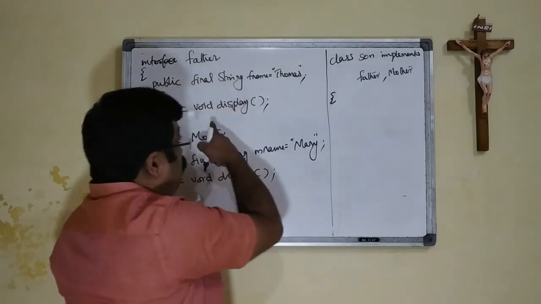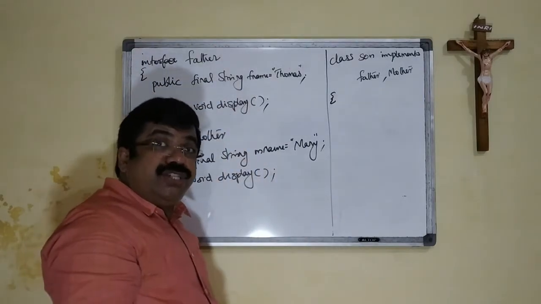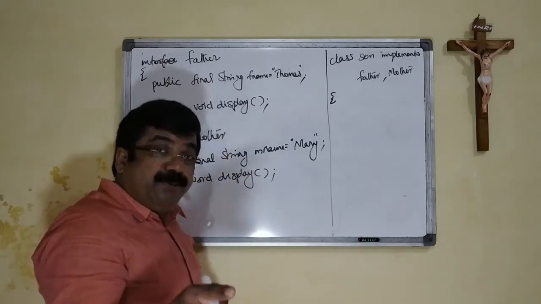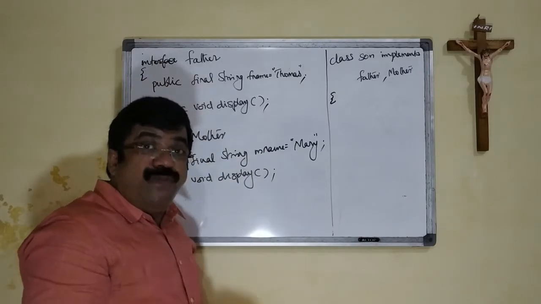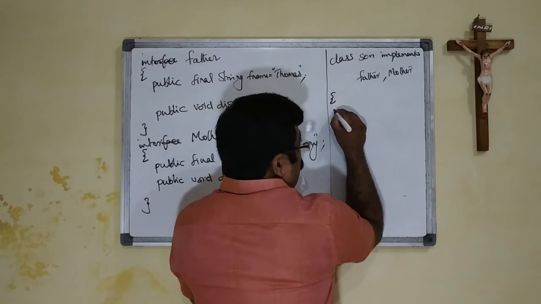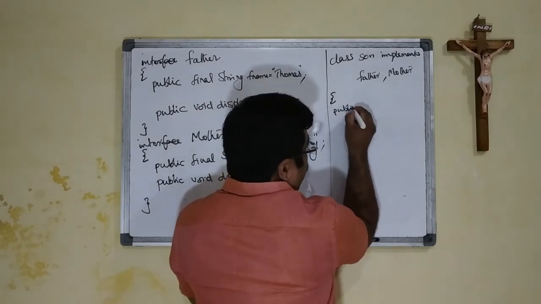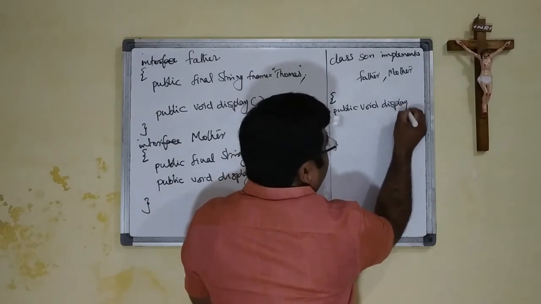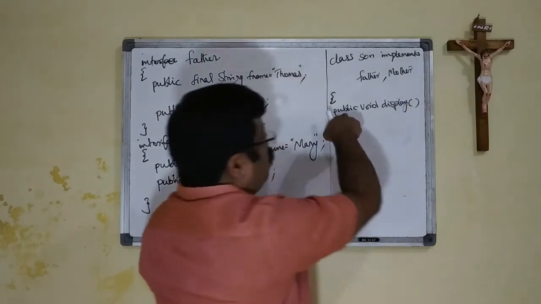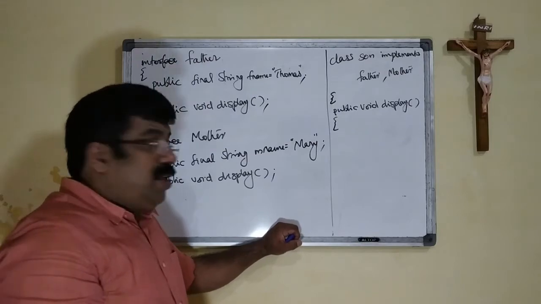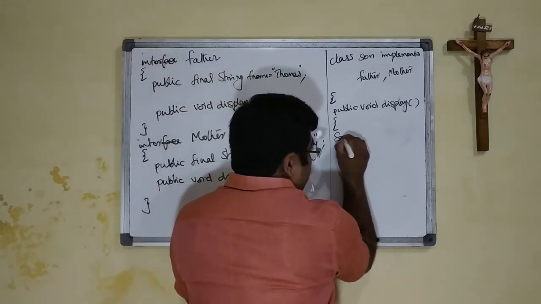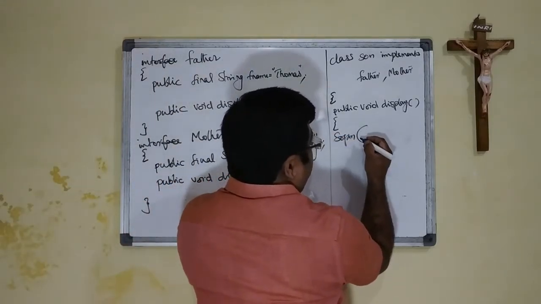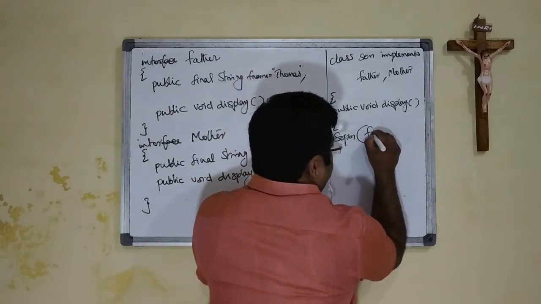Now we have to give the body of the display function, overriding. Abstract methods have to be overridden. So we are giving public void display. Don't forget to give the public keyword here. Then System.out.println, what is that? fname.